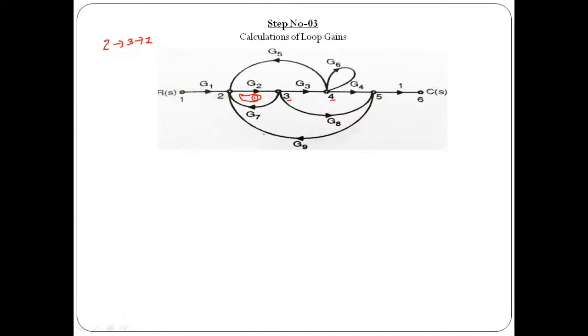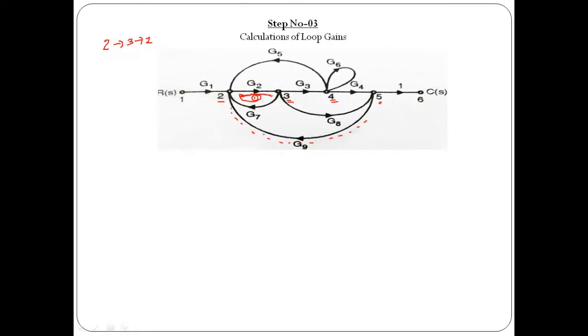So we can do one thing: you can start from node number 2, then move to node number 3, then node number 4, node number 5, and then we need to come back through this particular path. So I think this will be the second loop.